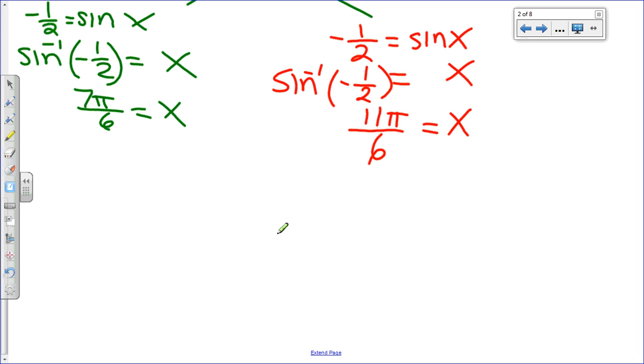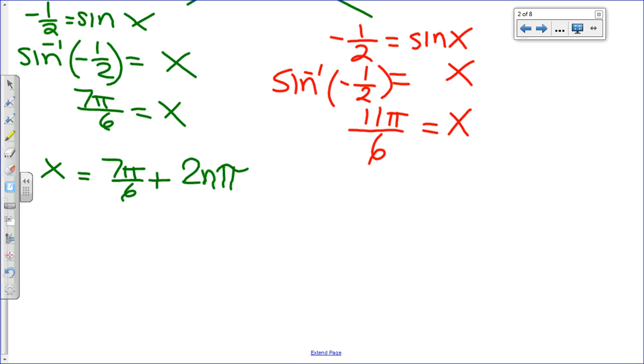It repeats every 2 pi. So my first solution will be 7 pi over 6 plus 2, let me see, we're going to use n pi.